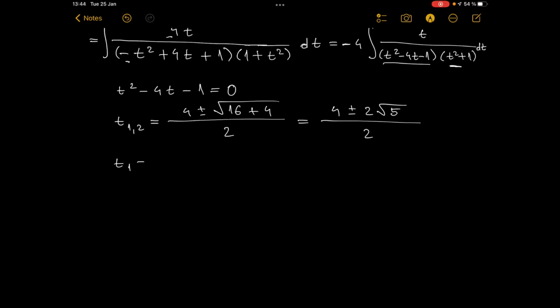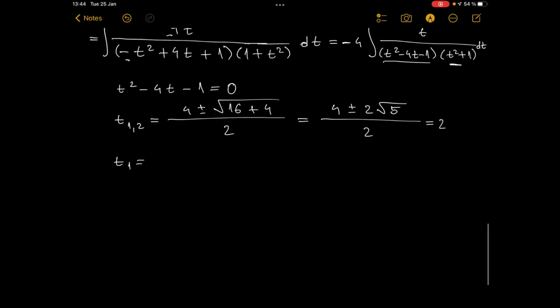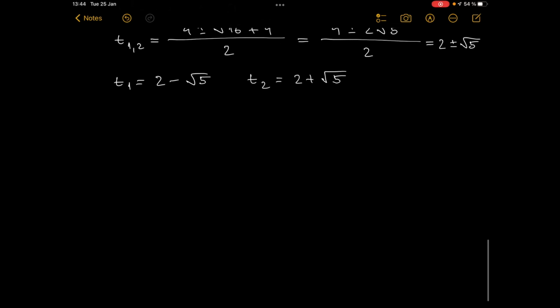Of course we can cancel out the 2's, and we'll get 2 plus or minus the square root of 5. So t1 is equal to 2 minus the square root of 5, and t2 is equal to 2 plus the square root of 5.